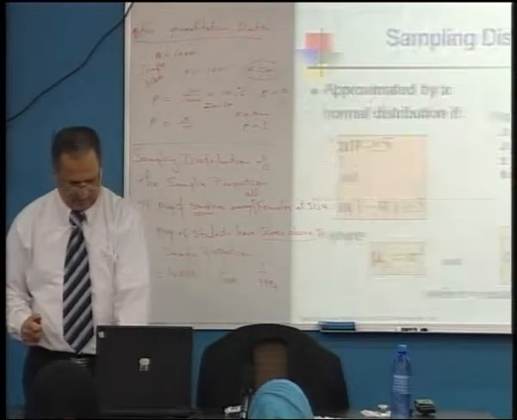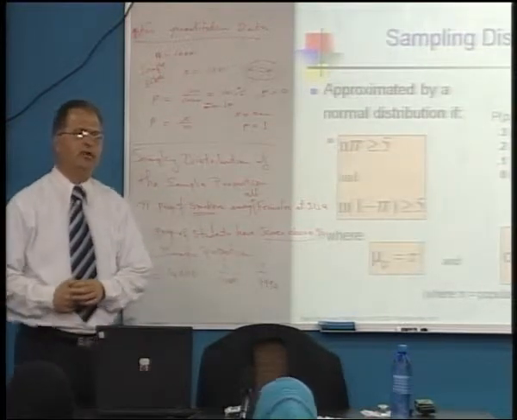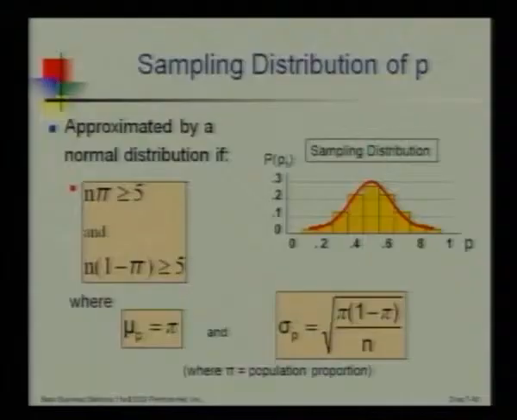Now, there are two conditions we have to check in order to say that B is approximately normally distributed. The two conditions are n times pi is at least 5, where n and pi are given, and also n times 1 minus pi is at least 5.